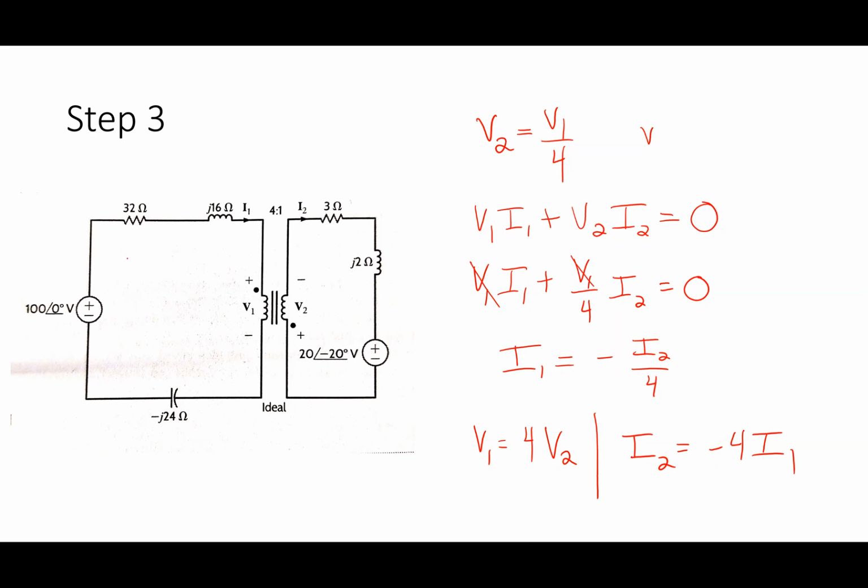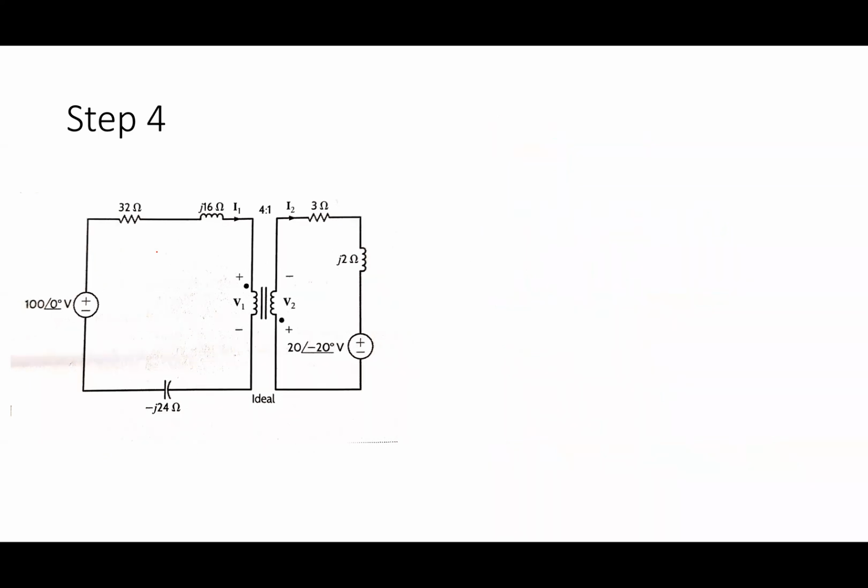So in this case, how do I do mesh? Let me write up here V2 equals V1 over 4, and I1 equals negative I2 over 4. Those are our key relationships. So how do I do mesh in this case?